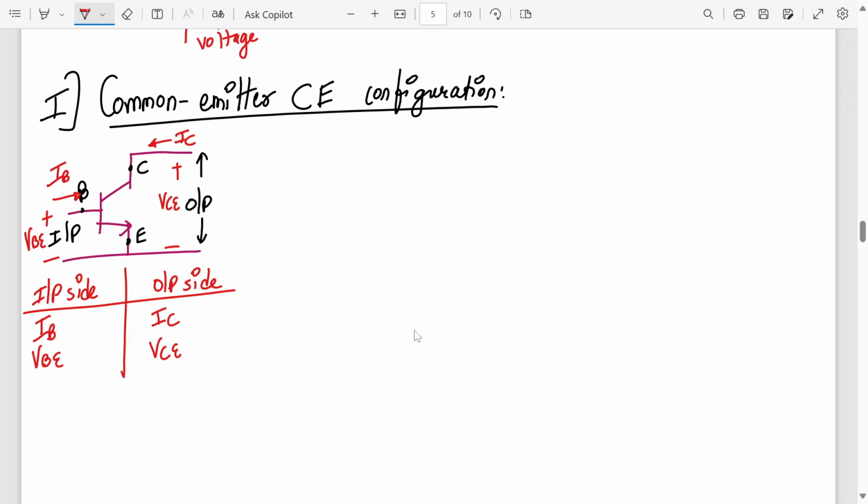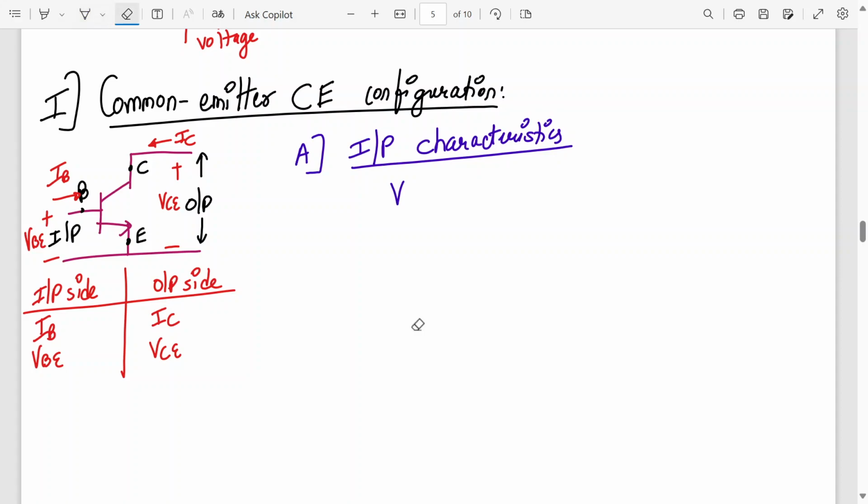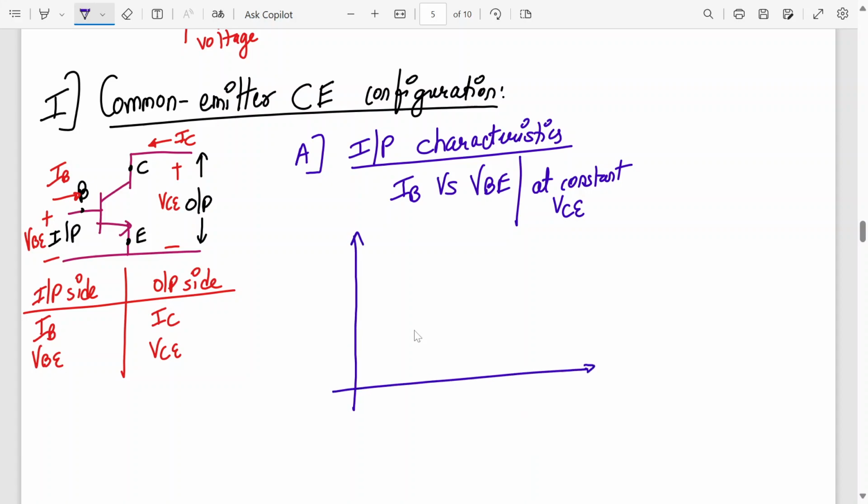Got it? So now I am plotting the input characteristics. It's a graph of input current IB versus input voltage VB at a constant output voltage, that is, at constant VC. Current will always come on the y-axis.